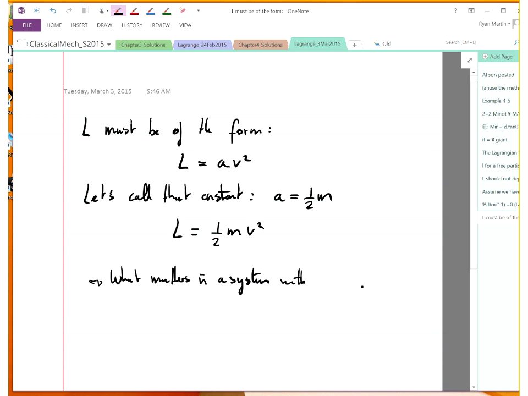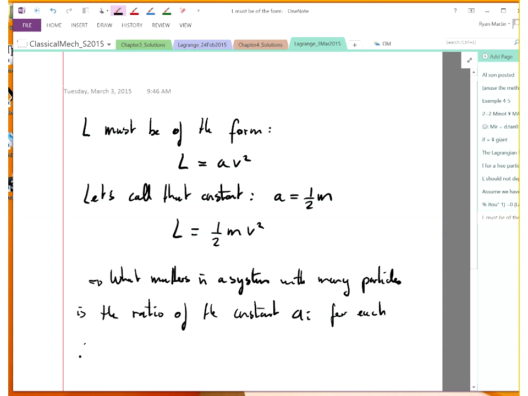Okay? So what matters in a system with many particles is the ratios of the constants A_i for each particle.